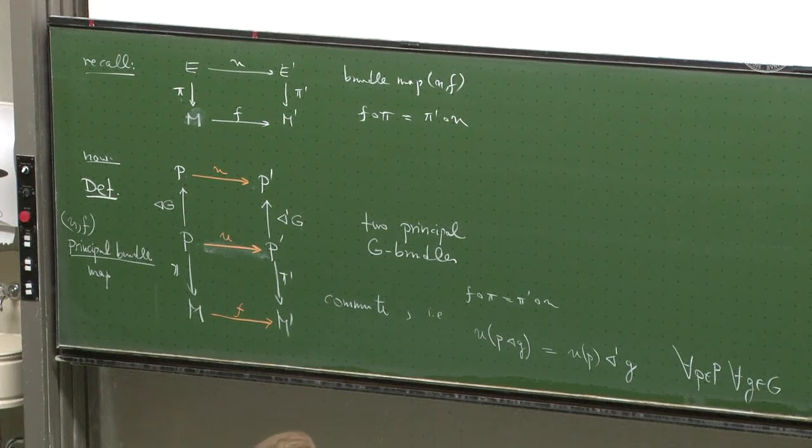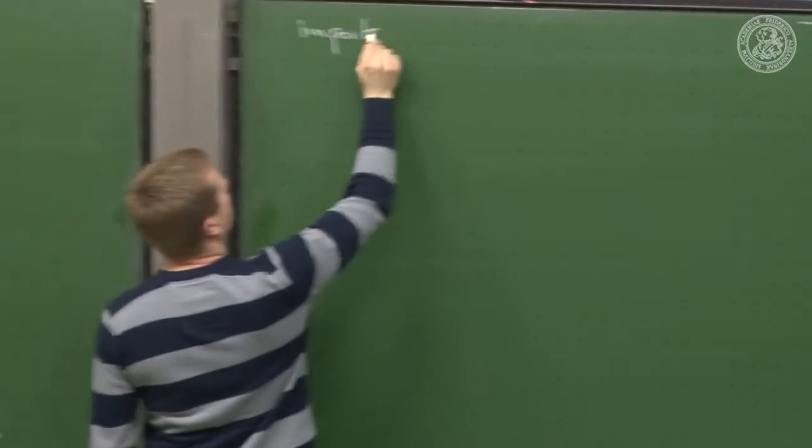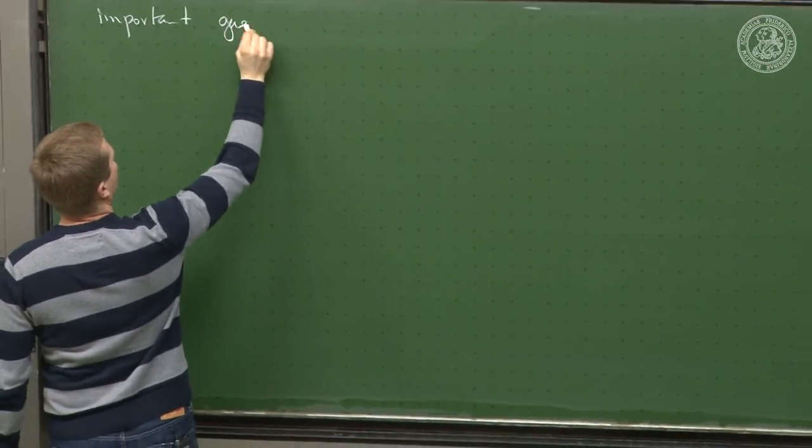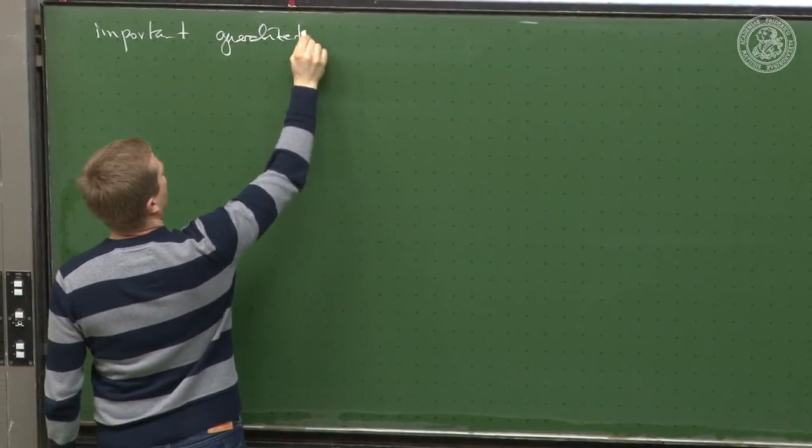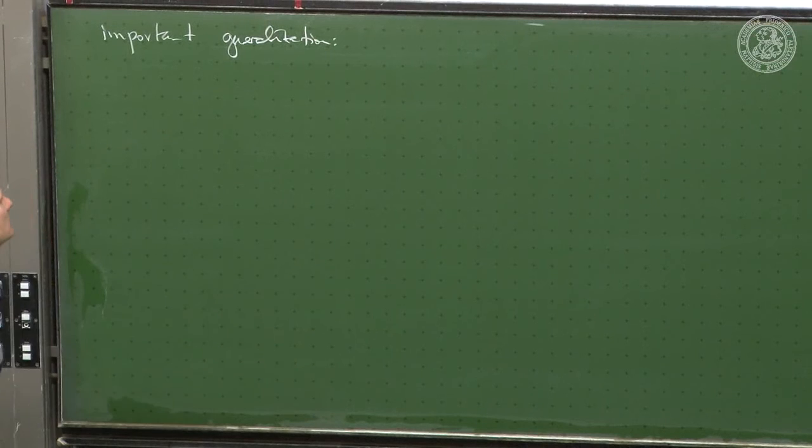Now, any questions here? No, that's straightforward enough, right? So we have an important generalization of a principal bundle map. It's in a sense the maximal generalization.